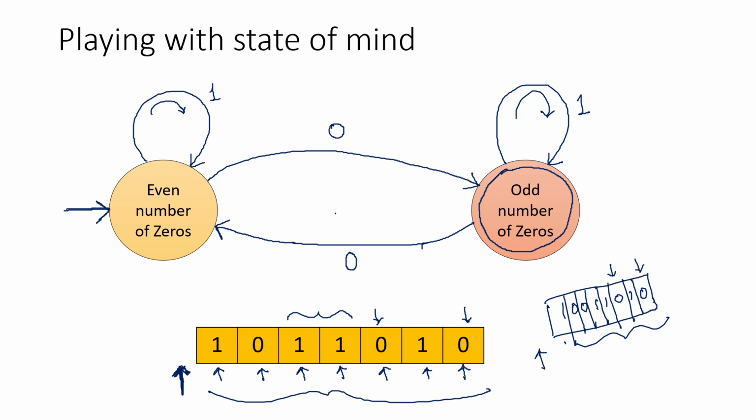If it was a final state, it would have a double boundary circle. Since it is not a final state, the machine will not accept that string. This particular string will not be accepted by the finite state machine. So this is how a finite state machine works.